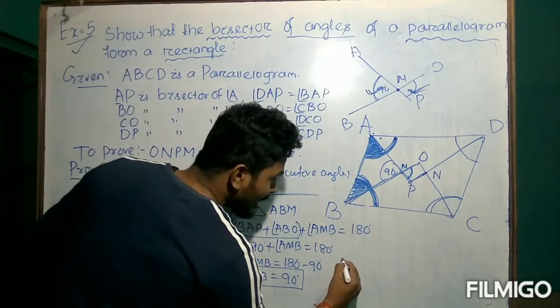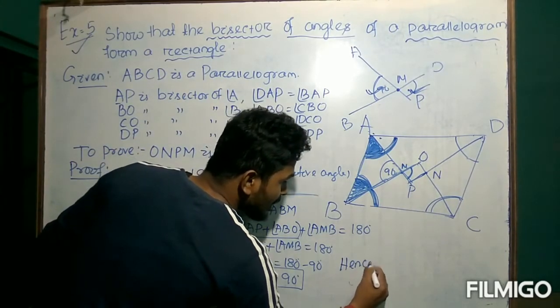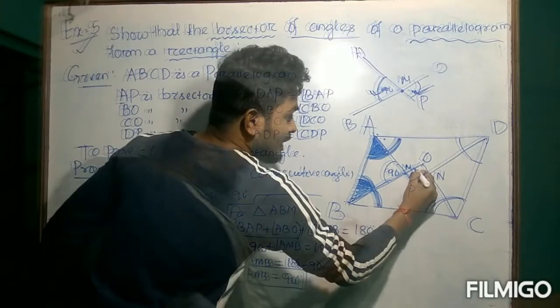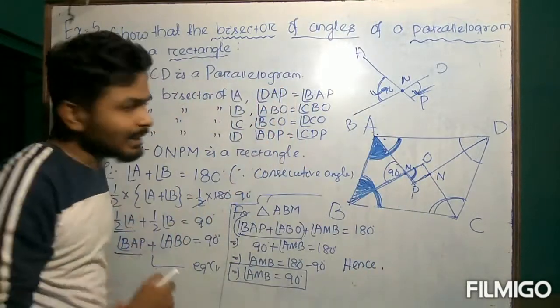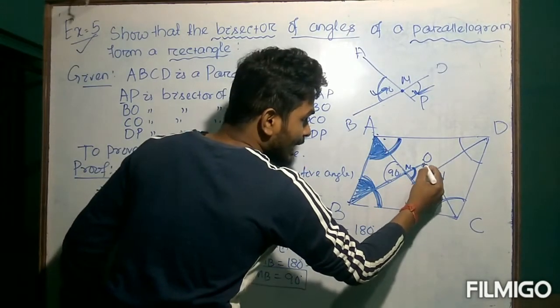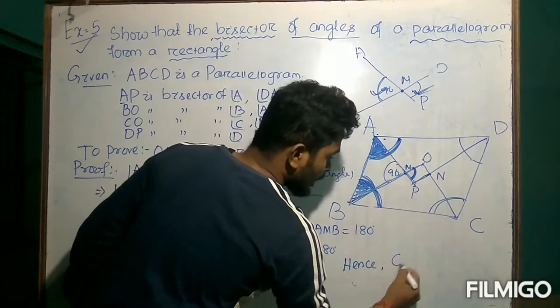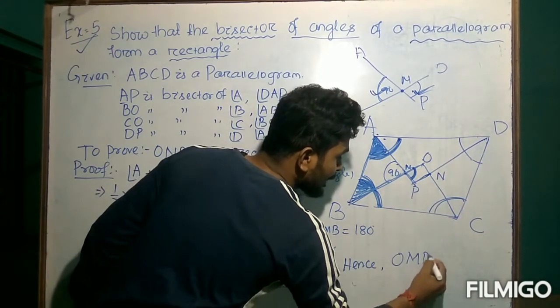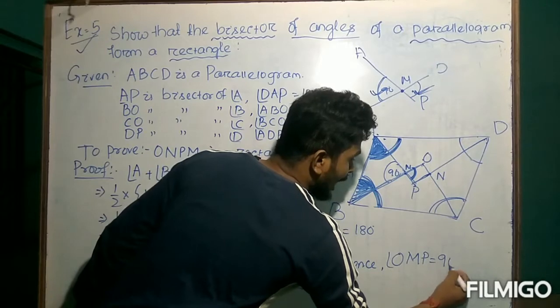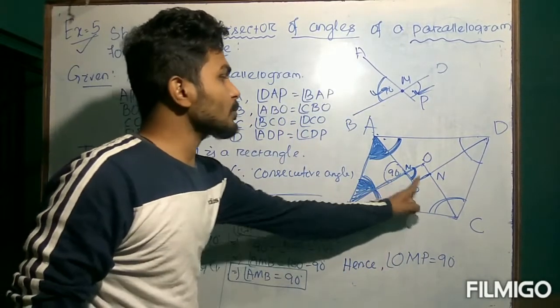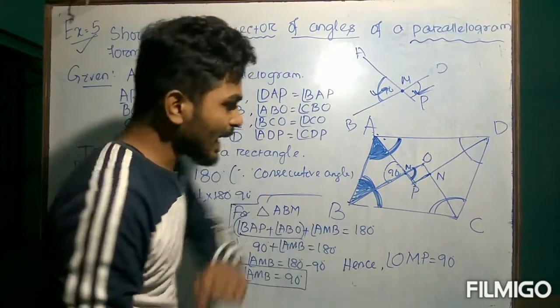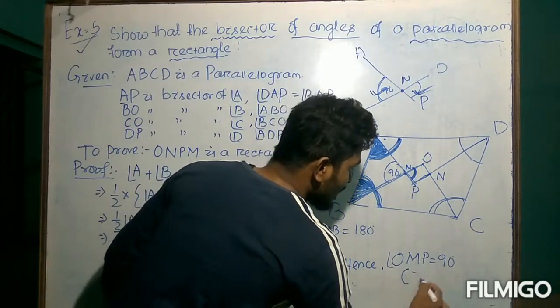So we can write, hence, this angle must be 90 degree. So this angle means angle OMP. So angle OMP is equal to 90 degree. Why? Because these two angles are vertically opposite angles. Okay, you can write the reason.